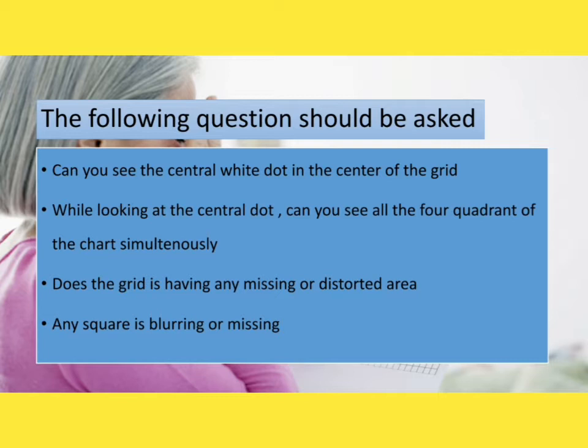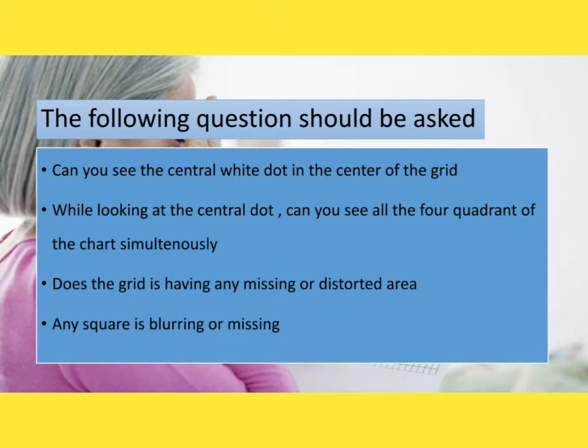Does the grid have any missing or distorted area? You are going to assess whether any missing or distorted area is present, and whether any square is blurring or missing. Here, blurring denotes a specific type of scotoma, and missing also denotes a specific type of scotoma.